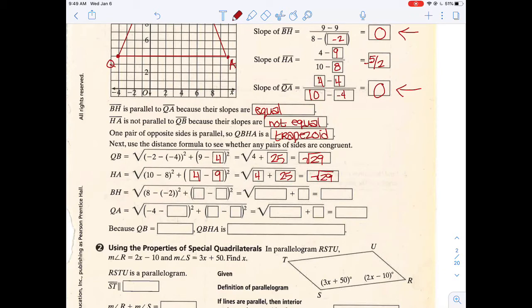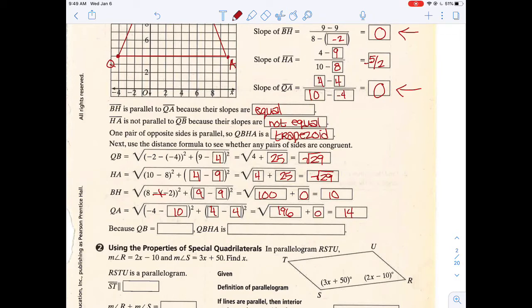BH, 8 minus -2 squared plus 9 minus 9 squared. So this would be 100 because 8 minus -2 is plus. So 10 squared is 100 plus 0, so it's 10. And then QA, -4 minus 10 squared plus 4 minus 4 squared would be 14 squared is 196 plus 0, and the square root of that would be 14.